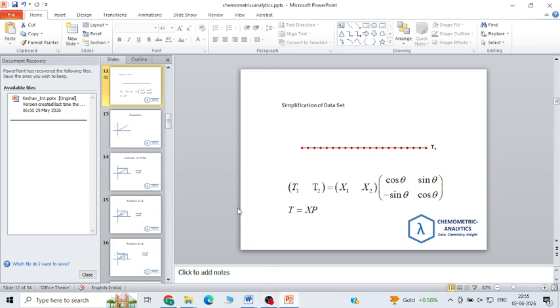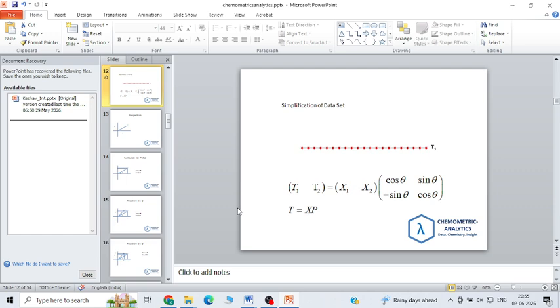Good evening, everyone. In our last video, we talked about how we do the rotation of axis, and then if we project our original data in that rotated space, we could simplify our data, and we were in a position to identify some patterns that were not possible to capture if we don't move from univariate to multivariate analysis.